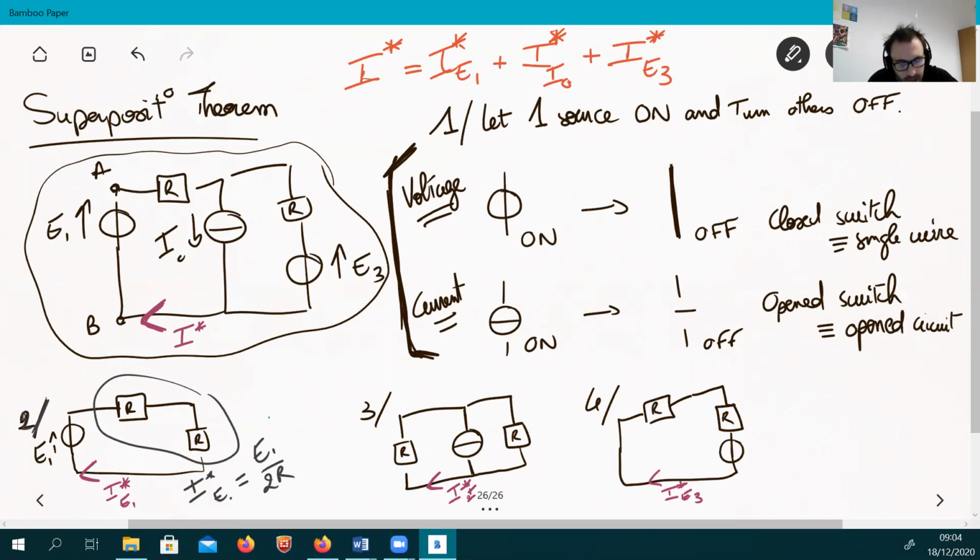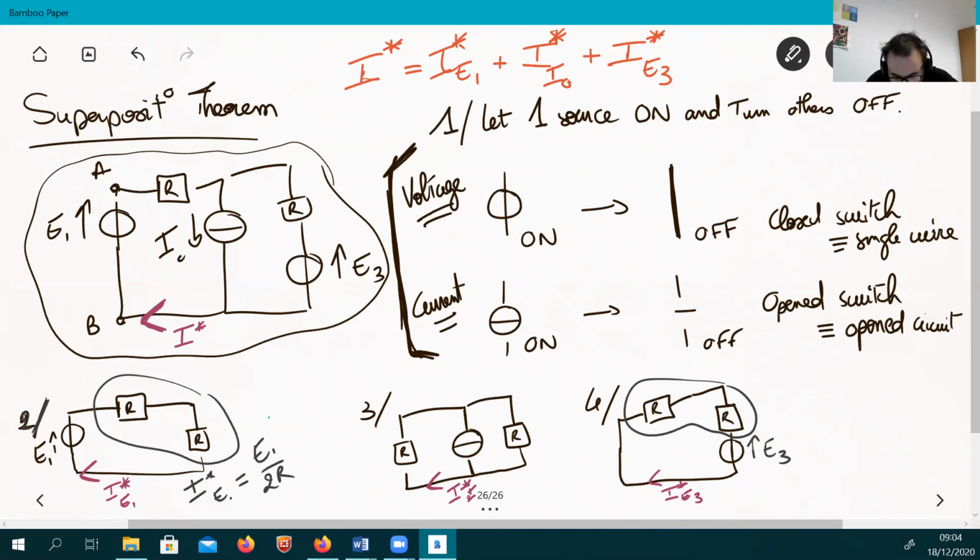Same for I3 actually, except that it's going to be a minus this time. So again, combining these two R won't change the current here. They are both in series.